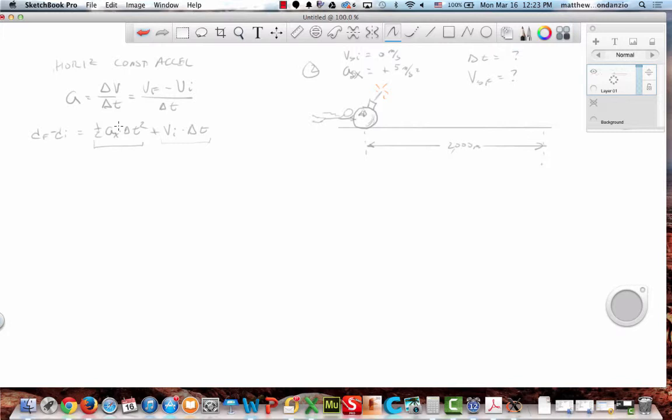That is just constant acceleration with an initial velocity of 0. If I look at just that portion, that part's 0, right? That's like I'm at a stoplight, and when the light turns green, I hit the pedal to accelerate.